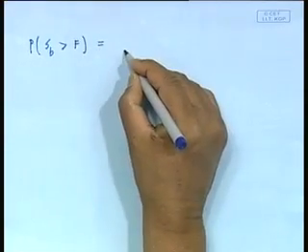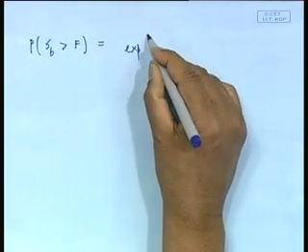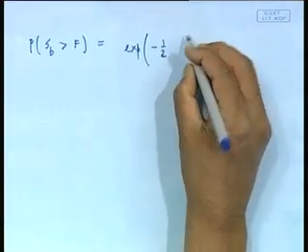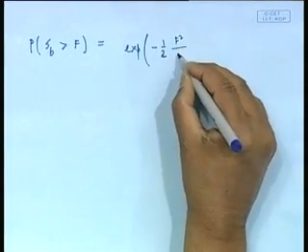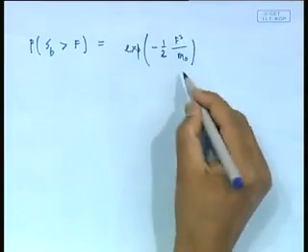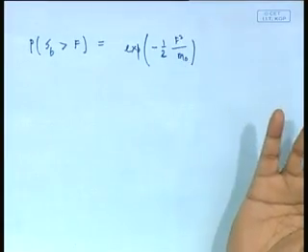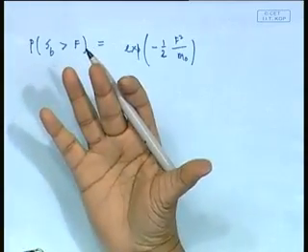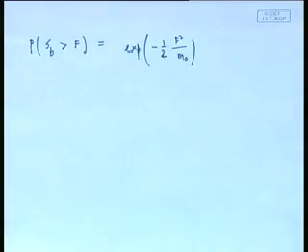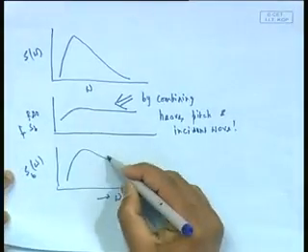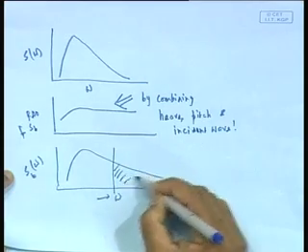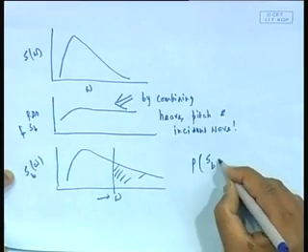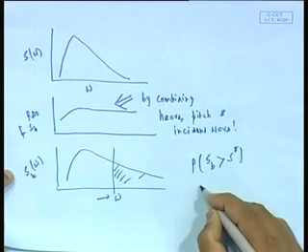This will be given by exponential of minus half f square by m0, where m0 is basically, by theory, because the spectrum is again assumed to be a narrow band Rayleigh spectrum always, and if it is a narrow band Rayleigh spectrum, you can easily find out what is the chance of a certain value exceeding some value, that is the probability of SB exceeding some threshold value is always known.